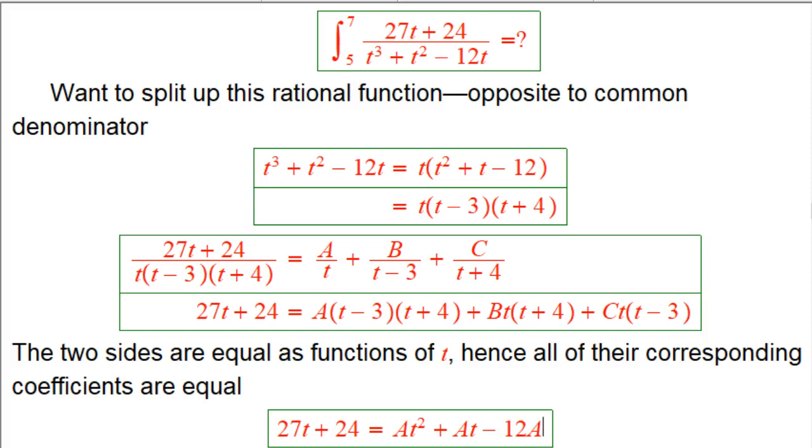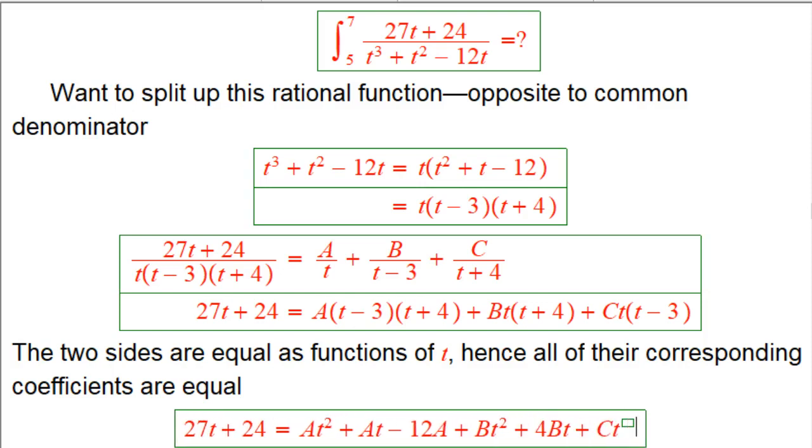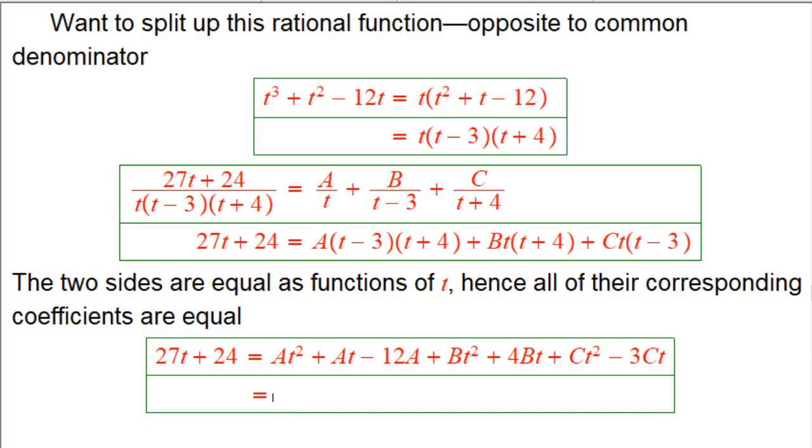without the t. Okay, plus b t squared plus 4b t, and then plus c t squared minus 3c t. Okay, I'm going to collect coefficients. So I'm going to, because I want to find the quadratic coefficient, the t-squared coefficient, the linear coefficient, and the constant term. And so this is going to be a plus b plus c.